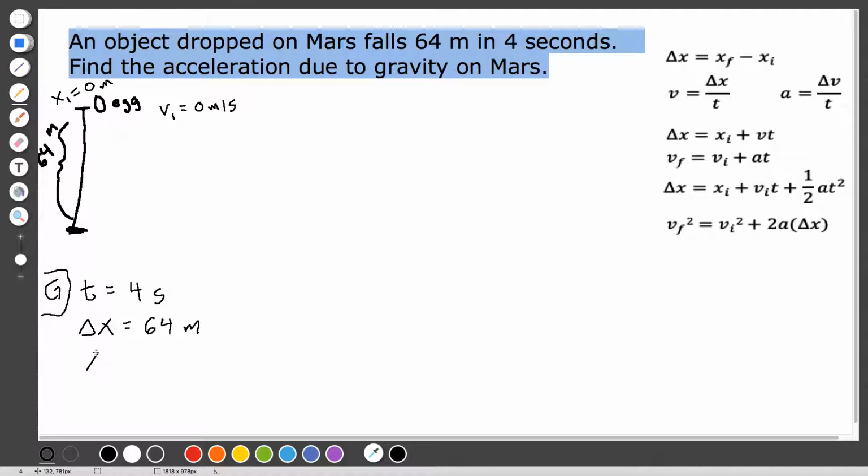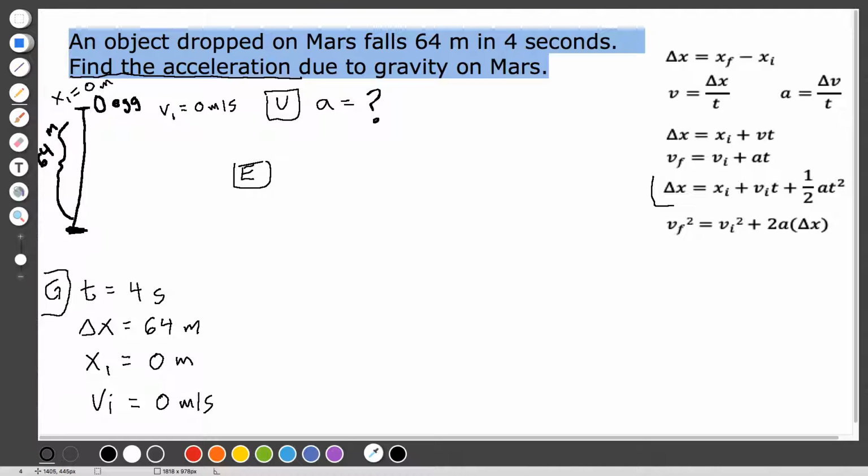So let's add those over here. And our unknown. What's our unknown? It says find the acceleration due to gravity on Mars. So our unknown is acceleration due to gravity on Mars.